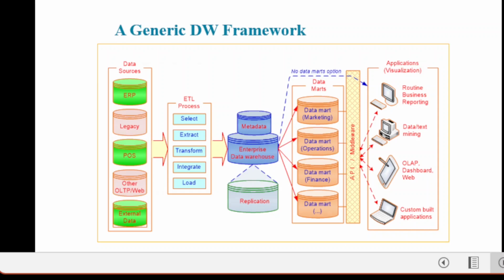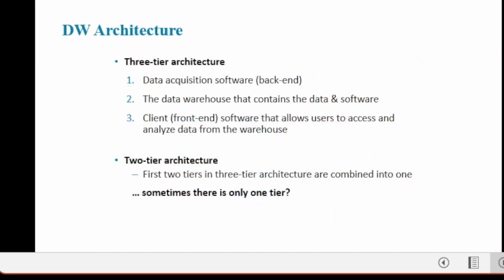Okay, now there are several tiers of architecture for a data warehouse. We have a three-tier architecture where we have data acquisition at the back end, a central data warehouse, and then the client at the front end. Or a two-tier architecture where the data acquisition and data warehouse are combined into one, and then we have the client at the front end. Or a single tier where everything is in a single server.